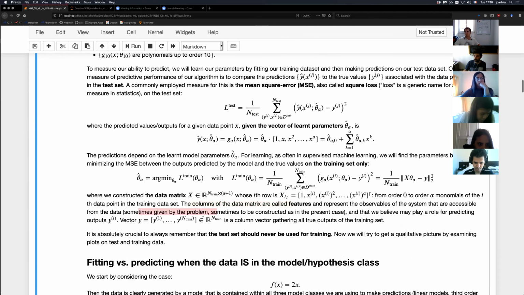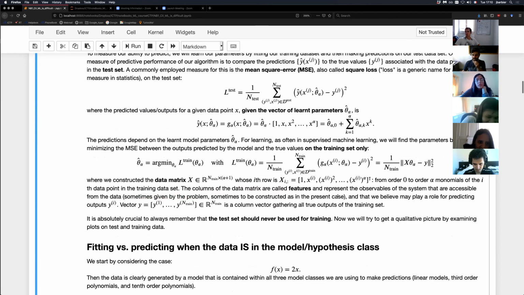Sometimes it's given by the problem, sometimes it has to be constructed, as in the present case. So I just repeat myself. A bit of redundancy is never bad. And these features are what we think are useful in order to predict the outputs.